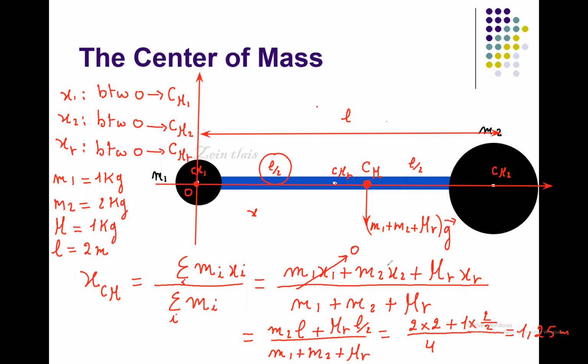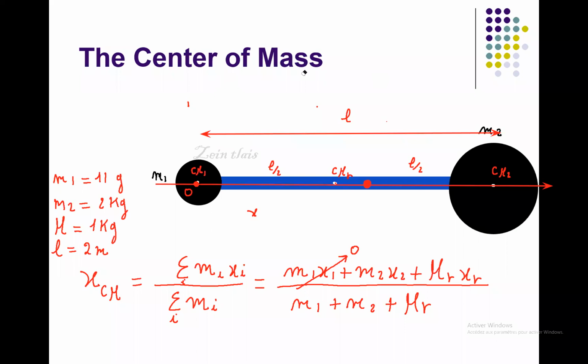This is if I take the x-axis at the point at m1. You will get the same result if you put this axis at any other point. Let's say, for example, I put the x-axis at this point, this is the point O. I put this axis at the position of the center of mass of the road.